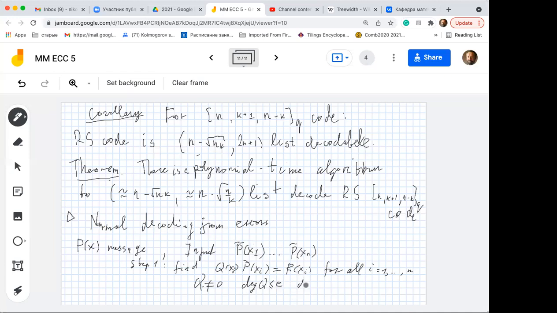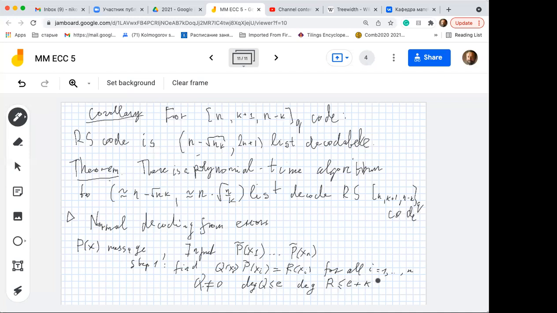And the degree of R is strictly less than e plus the degree of P, which is at most k.